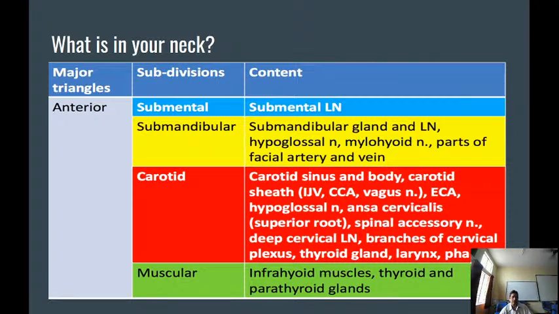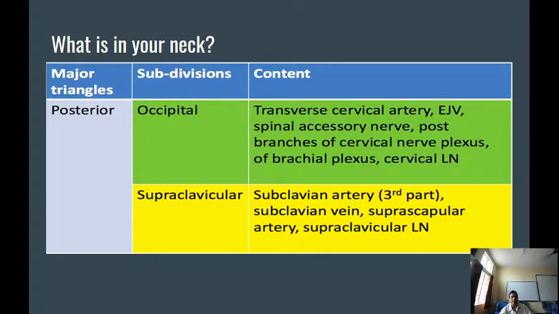Then we go into the posterior triangle. The most important structures are in the occipital triangle: the transverse cervical artery, the external jugular vein, the spinal accessory nerve, which goes backwards, the branches of the cervical nerve plexus, and the brachial plexus.